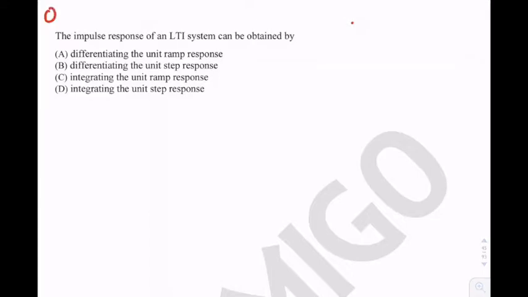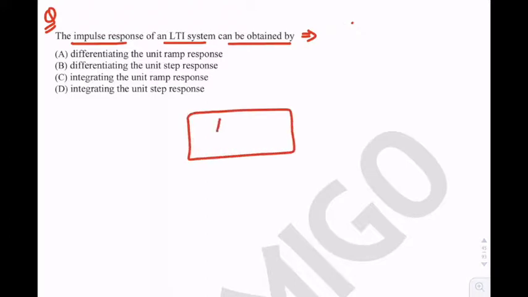So this is the question. It is given that the impulse response of the LTI system can be obtained by. Now first of all, as we have an LTI system, the input is delta t, the output will be the impulse response that is called h(t).